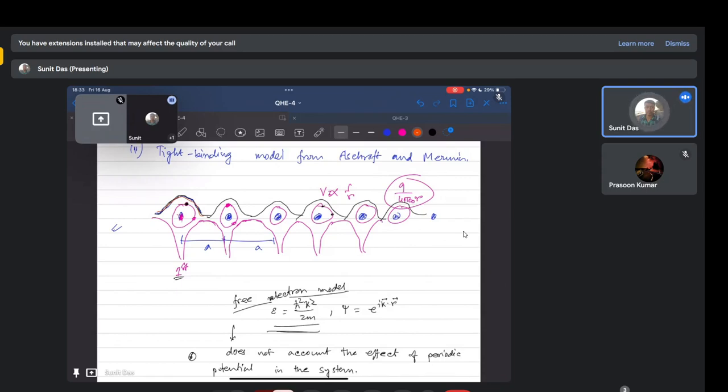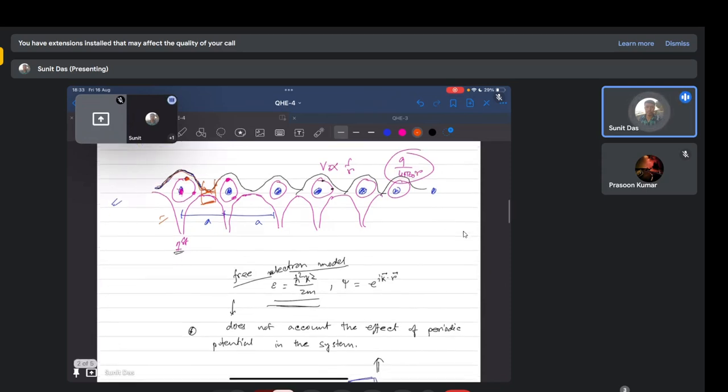So here is one electron for this atom, and since there will be some overlap, this area is the overlapping region, so there is a finite or tunneling probability to the next atom.